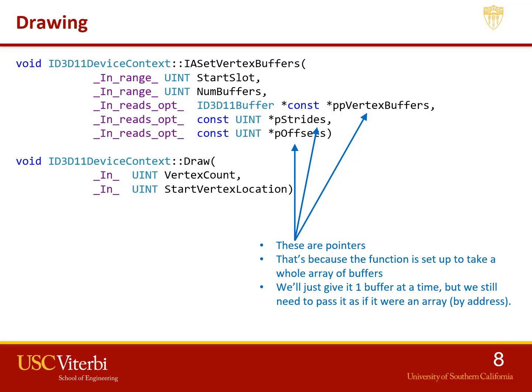In this lab, in our class, let's just do one at a time. Don't bother with the array thing, but you do have to pass it by address. So that means you can't just put the number 5 here, right? You have to put in the address. You can't put the address of 5. You have to make a variable. So just throw it on the stack, make a local variable, and pass that by address so that you can pass those.